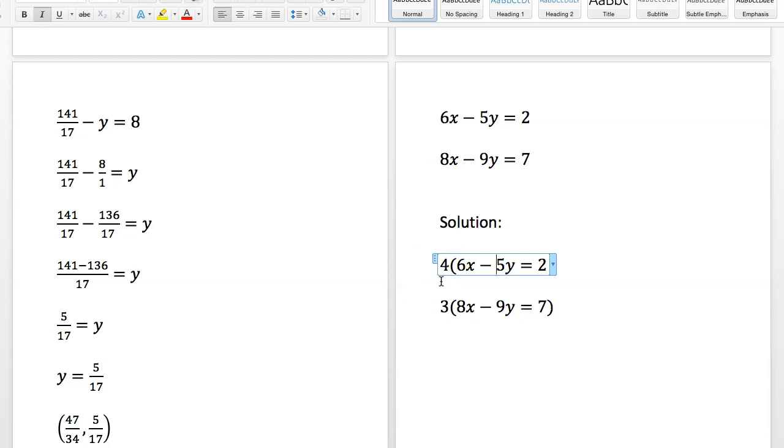Well, we want to multiply 6 by the thing it needs to be to become 24. Obviously, 6 is not 24, but we want to multiply. Now, 6 times 4 will do the trick and give us 24. Likewise, 8 times 3 is 24.